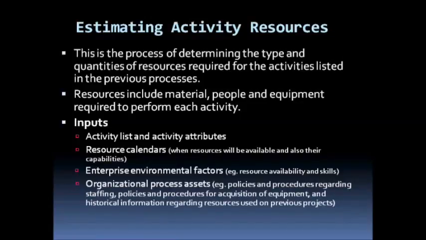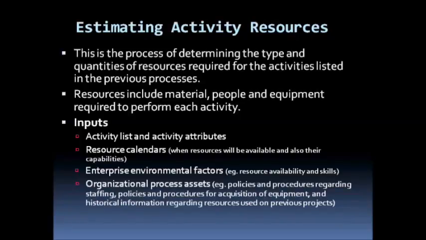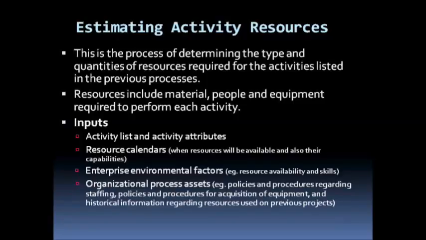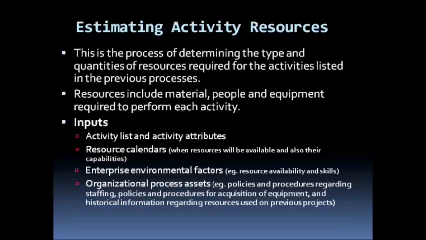We could make reference to our activity list and its attributes because that is what we want to estimate resources for. Then we could make reference to the resource calendar of the organization, and this resource calendar will show us when resources will be available and also their capabilities.